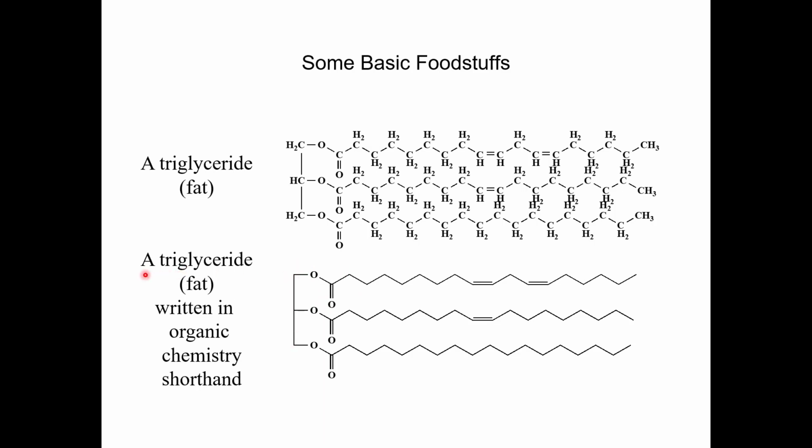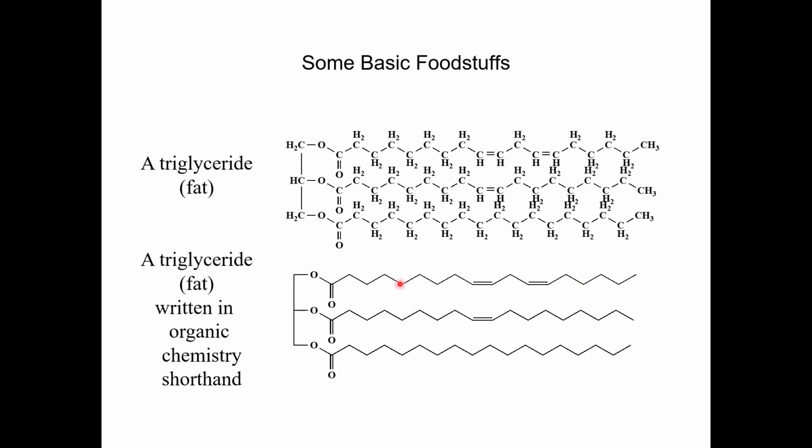So we call this a triglyceride because if you were to break each of these ester linkages, then you would be left with glycerol, and that's part of the biodiesel manufacturing process, and then it yields these fatty acid chains, these hydrocarbon chains, but then they turn from esters into just carboxylic acids.